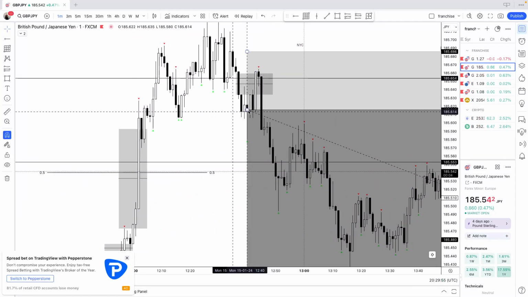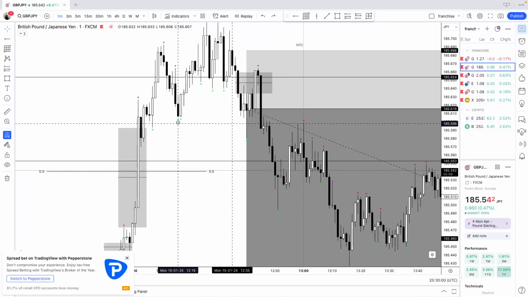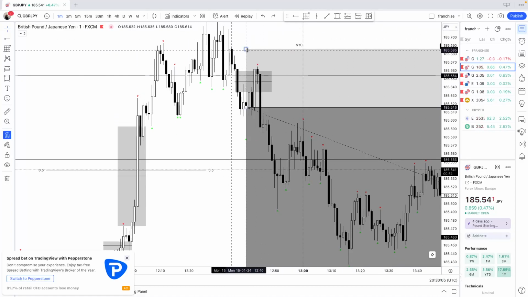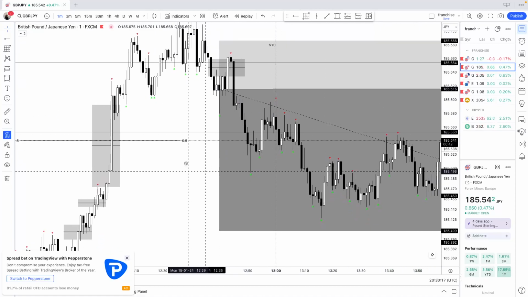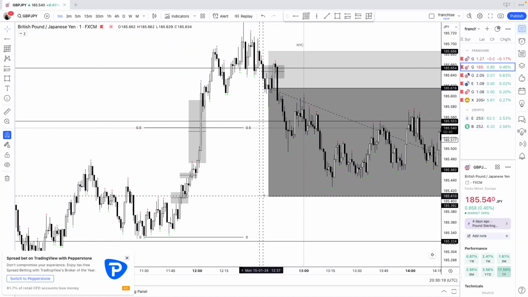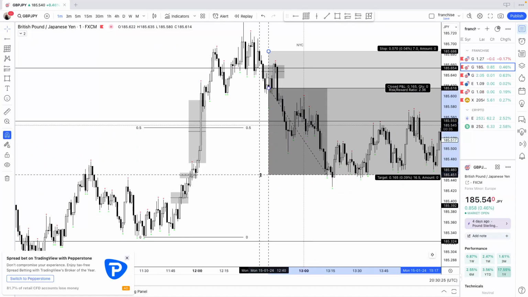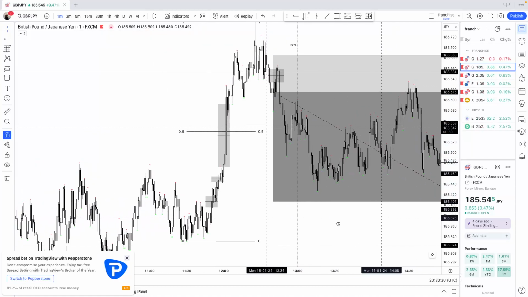We'd enter on displacement. Looking now, there are multiple re-entries. So you'd have entered there, stops above the fair value gap, and in this case, above the opening of that candle. Targeting each take profit, TP1 is a 1.2R, TP2 is a 2.3R, and TP3 is a 3R.